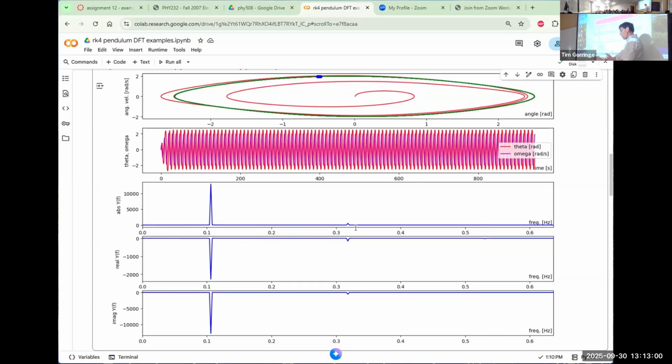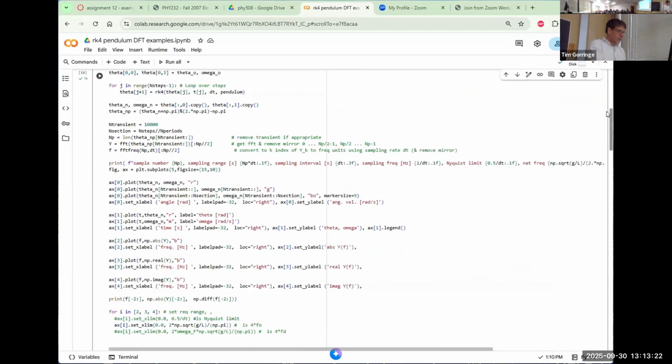It's still repetitive, periodic, but it's not sinusoidal. So it's a useful way of getting a picture of the repetitive but non-sinusoidal motion of the pendulum with the Fourier analysis.